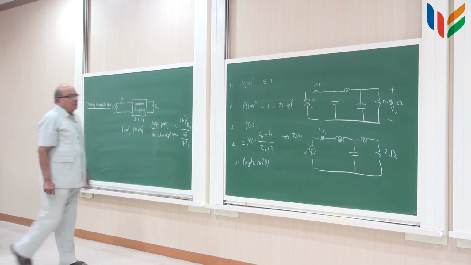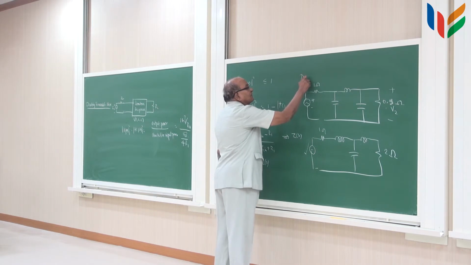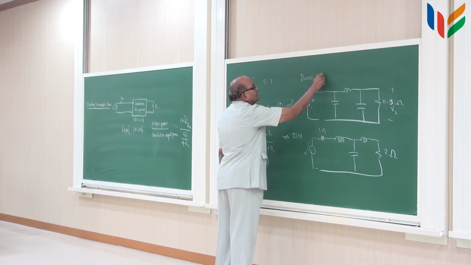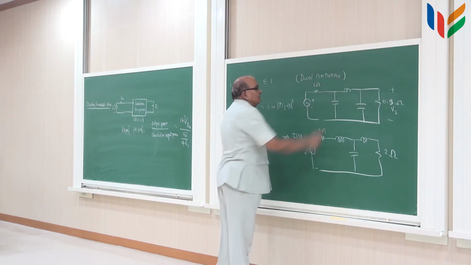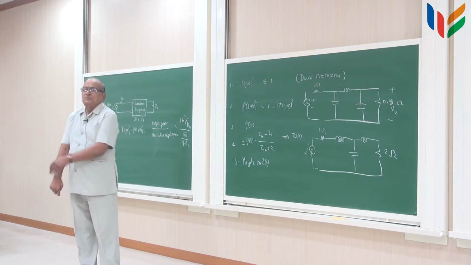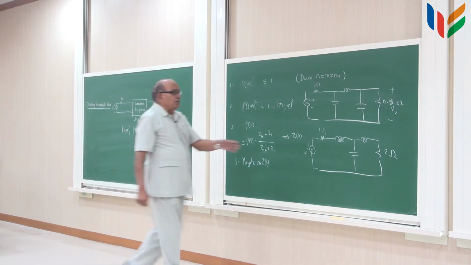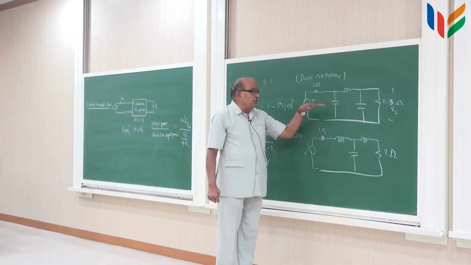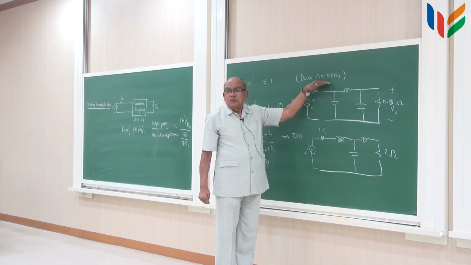In literature we call this a dual network. I could have obtained this network, given this network, by using the method of obtaining a dual network from this.